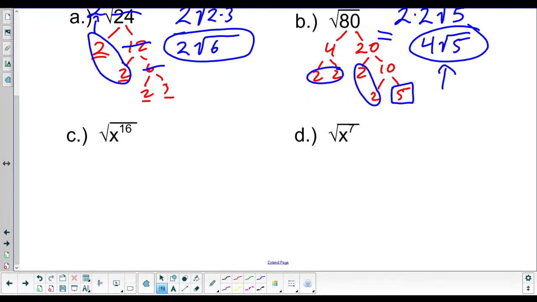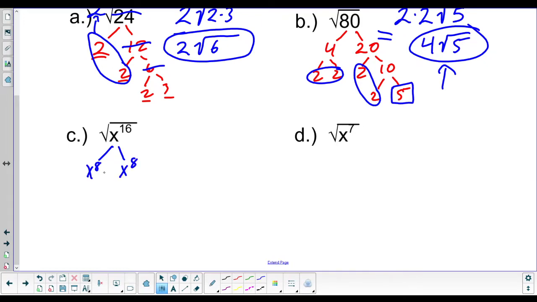Okay. So now, let's look at x to the 16th power. I'm going to do this the hard way, and then I'll show you the trick to it. Okay. So what two things can we multiply to get x to the 16th? We're going to have to remember our exponent rules that we learned last unit, I think. So we've got x to the 8th times x to the 8th, right?